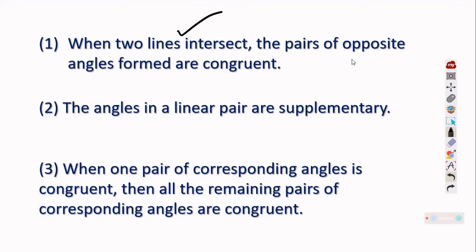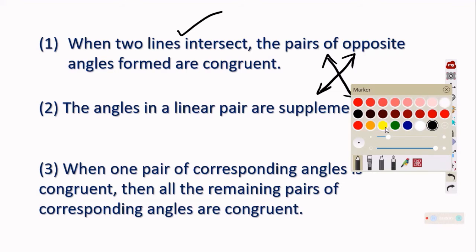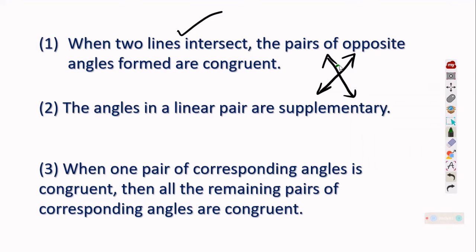If I simply show it to you, it can be shown like this, talking about these angles. This angle is congruent to this. This angle is congruent to this, which are named vertically opposite.